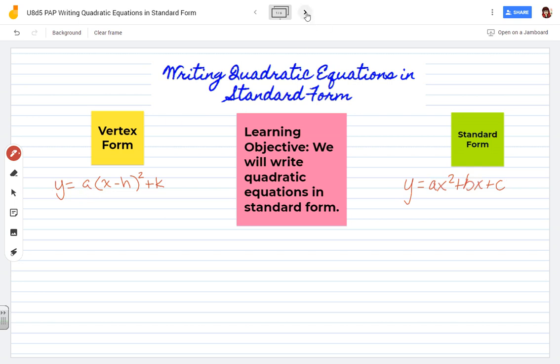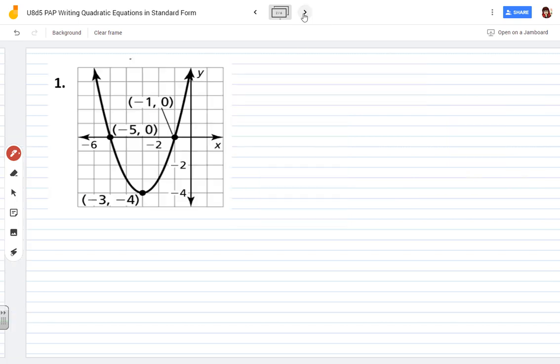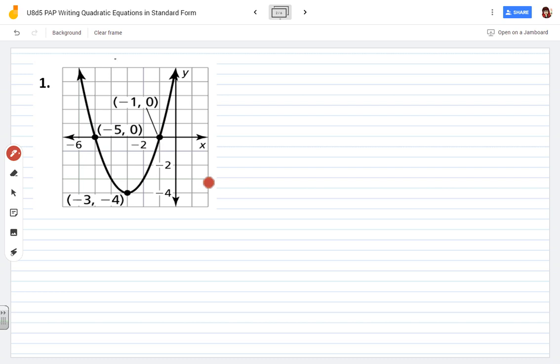Good. Let's go ahead and look at our first example. So we're going to start off with the vertex form. Y is equal to, again, a times x minus h to the power of 2 plus k. H being your horizontal movement and k being your vertical movement, that you get from your vertex. Remember that your parent quadratic started at the origin. So this tells us, hey, we moved down by 4.